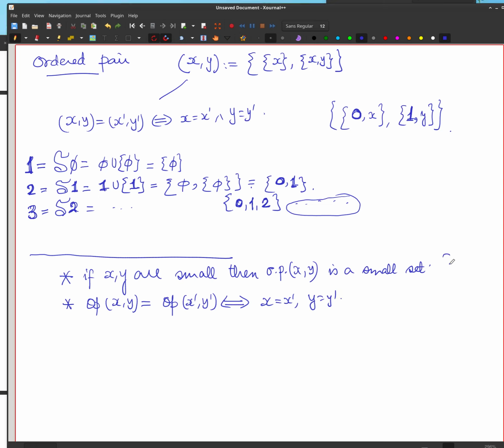So these are the basic conditions that I need, and then there can be several definitions. This is one such, Kuratowski's is another, and there are many others. I gave a link, you can read it.